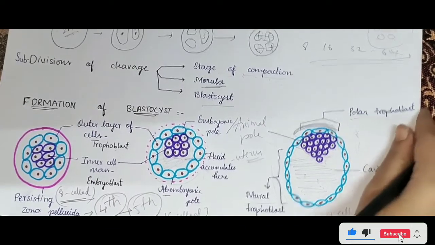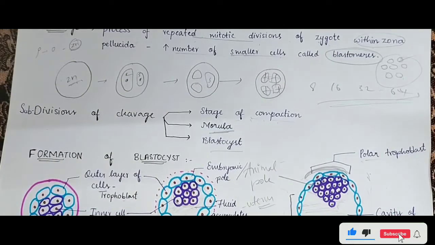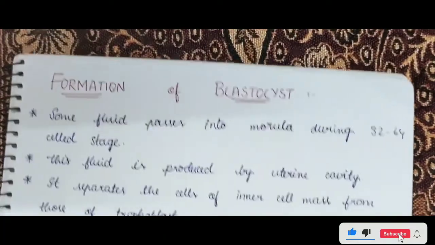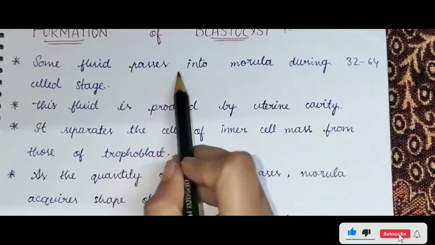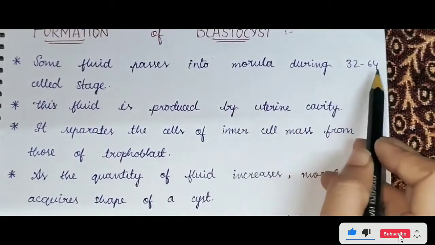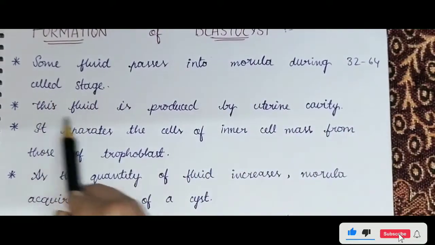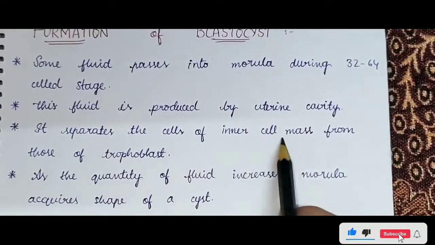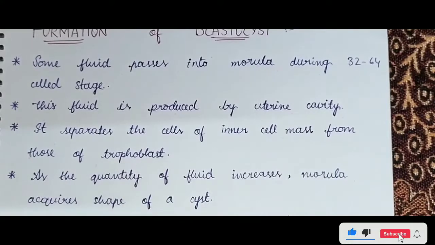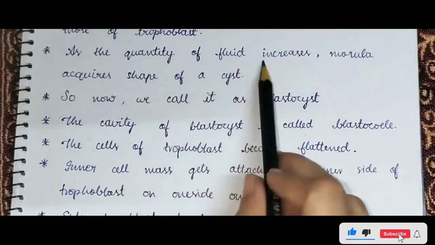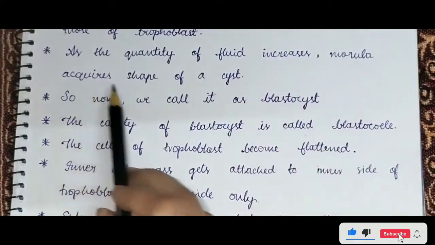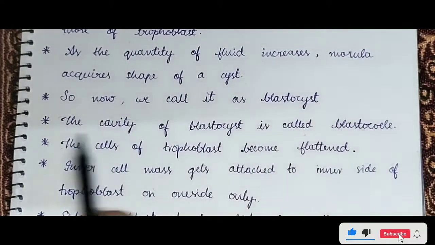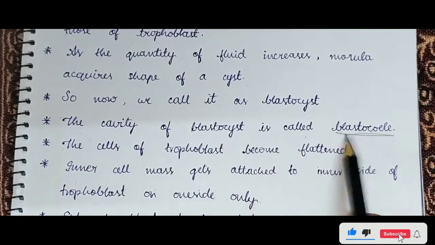Now let me give a brief idea of all this. Formation of blastocyst: some fluid passes into the morula during the 32 to 64 cell stage. This fluid is produced by the uterine cavity. It separates the cells of the inner cell mass from those of the trophoblast. As the quantity of fluid increases, the morula acquires the shape of a cyst, so now we call it blastocyst. The cavity of the blastocyst is called blastocele.